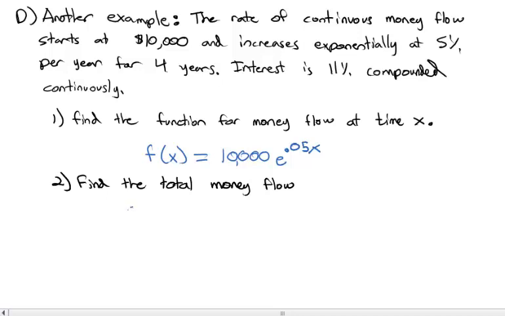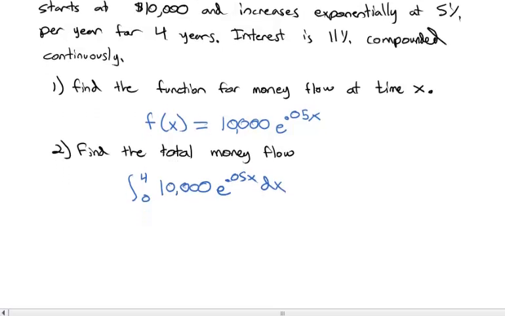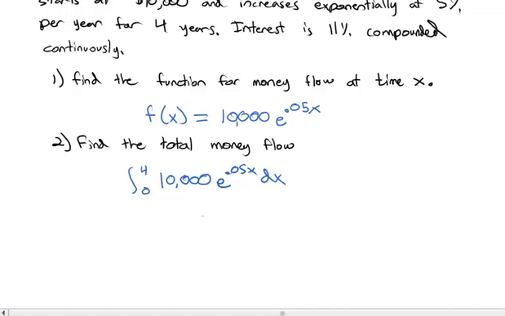Total money flow is the integral from 0 to 4, the integral over time, of our function 10,000 e to the 0.05x dx. Well, the integral of that is e to the 0.05x, and let's see if we can do 10,000 divided by 0.05. Yeah, that comes out nice. That's 200,000.